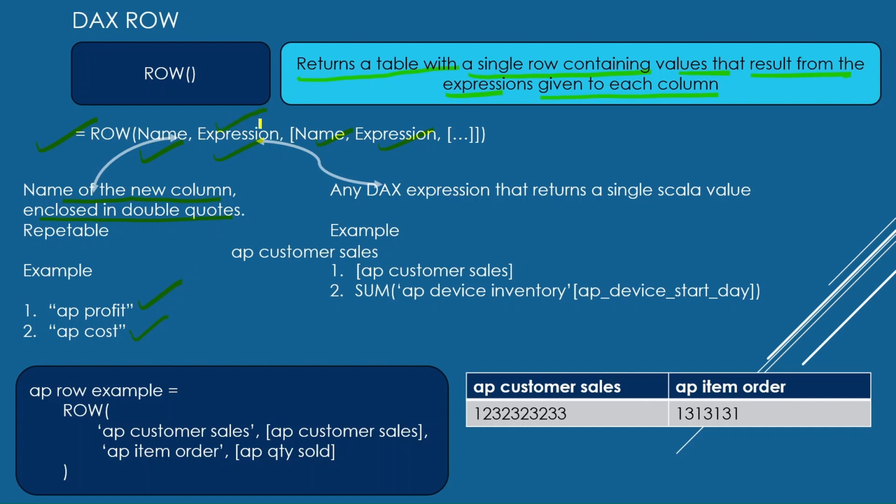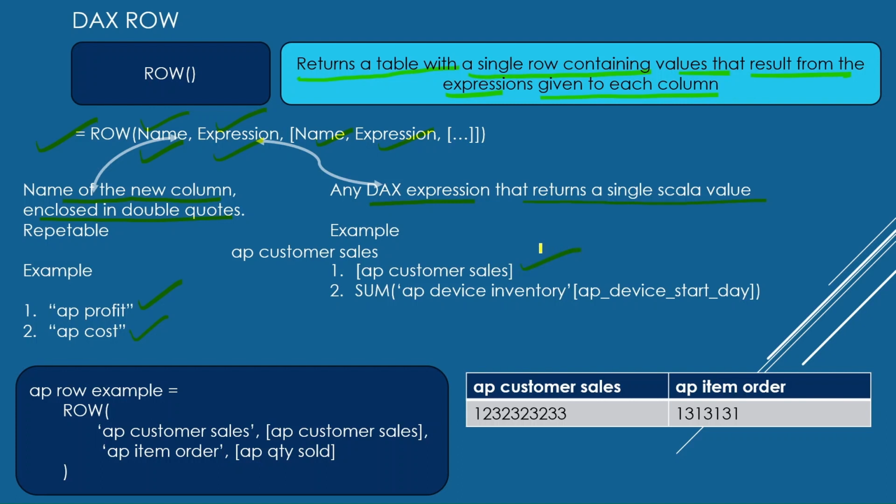Now let's discuss the expression. The value of the column whose name we have created with the help of the first parameter will be decided with the help of this expression. It could be any DAX expression that returns a single scalar value. For example, this is AP customer sales.